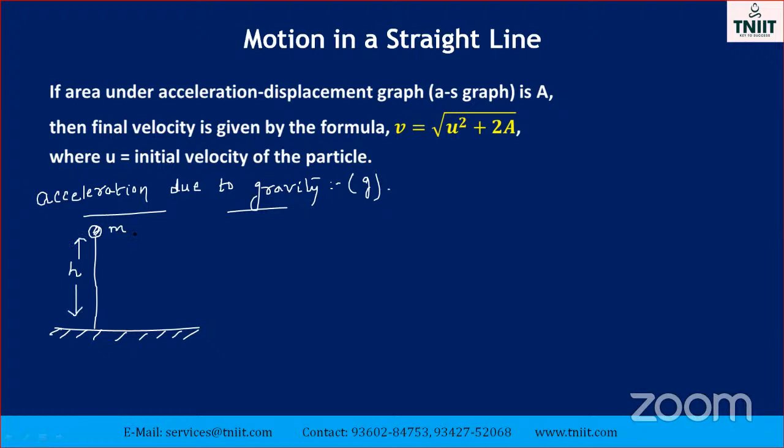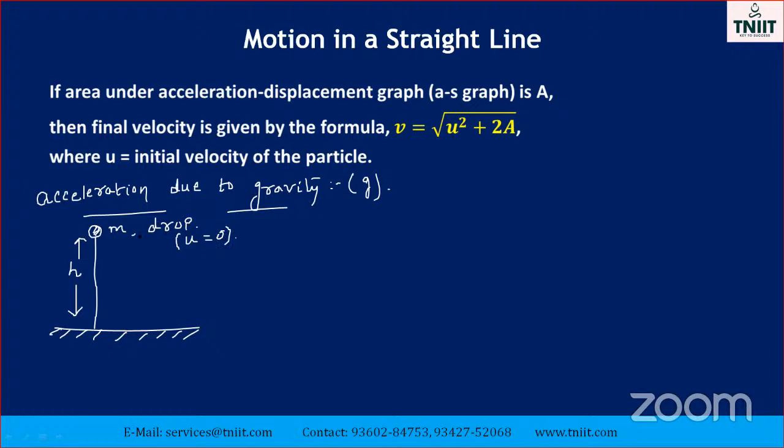Now, I'm going to drop this particle. If you drop this particle, can you tell me what is the initial velocity of the body? Initial velocity of the particle will be 0.